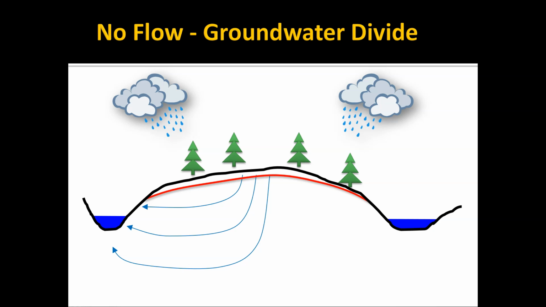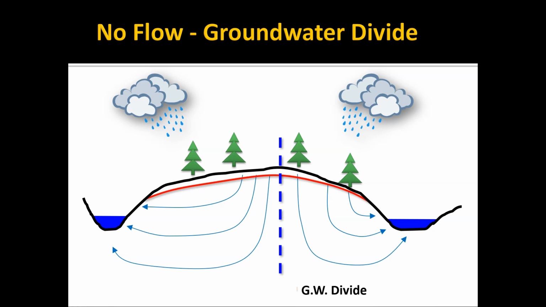And so some of the water is going to flow to the left, some of the water is going to flow to the right, and somewhere here in the middle, corresponding to the high point of that water table, is going to be what we call a groundwater divide. It basically is just a line marking the division of these flow directions.